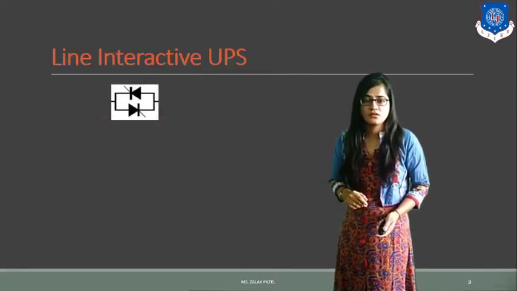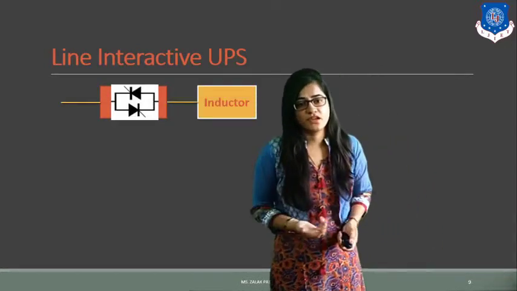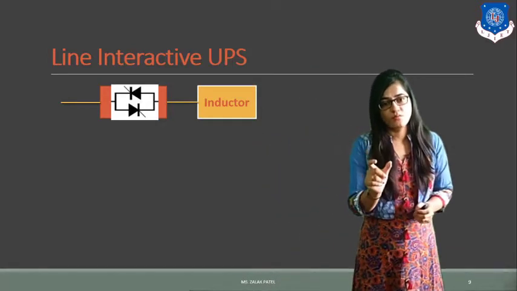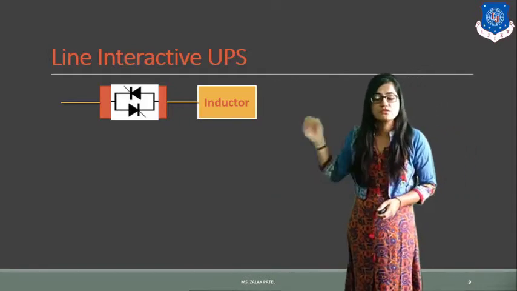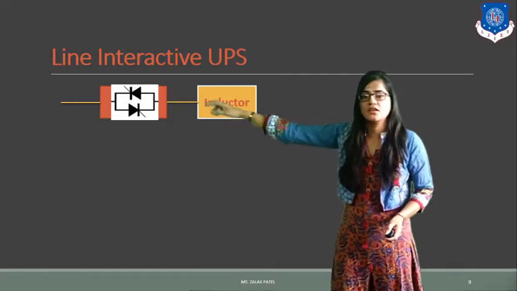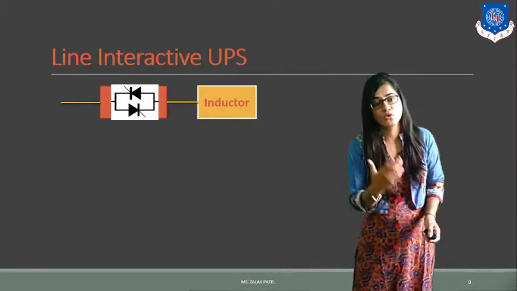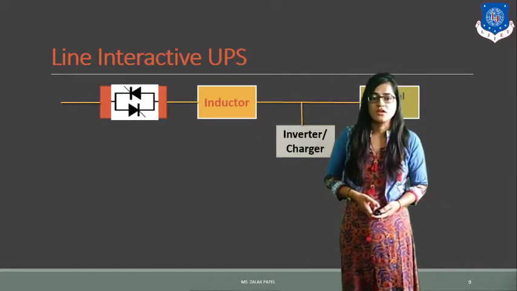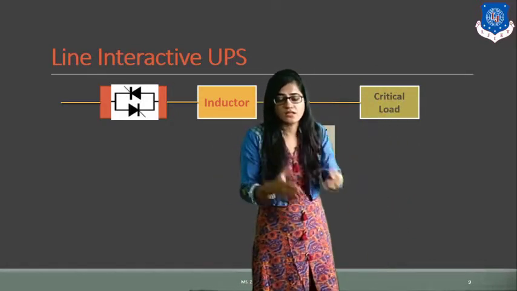Here for the line interactive type of UPS, the difference is that one inductor is the additional component that can be connected with the line interactive type of UPS. So in the previous block diagram, let's make a change by connecting our static switch with the other component, that is the inductor. By connecting the inductor, the critical load is connected with the inductor circuit.